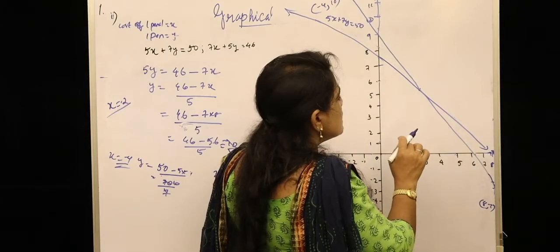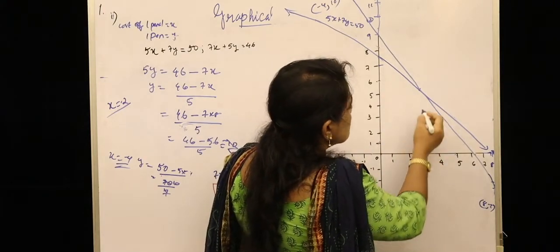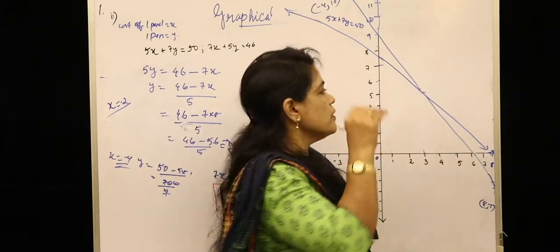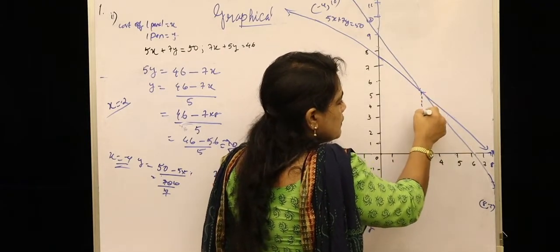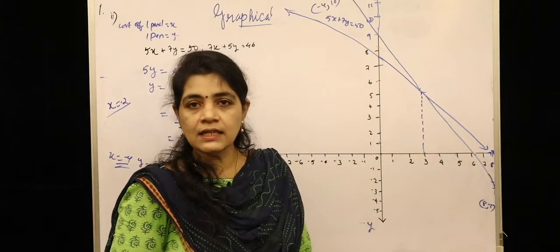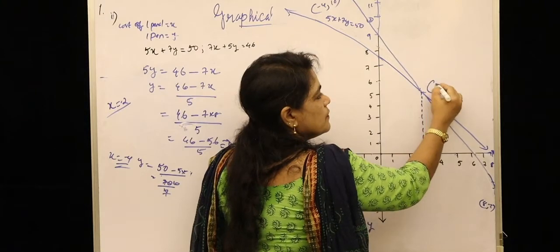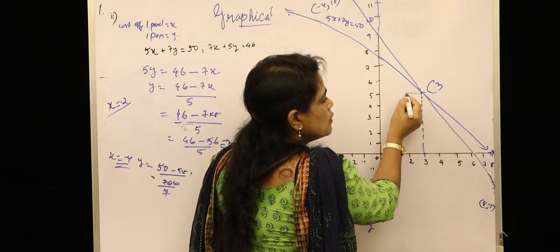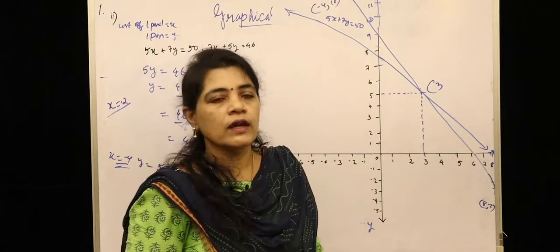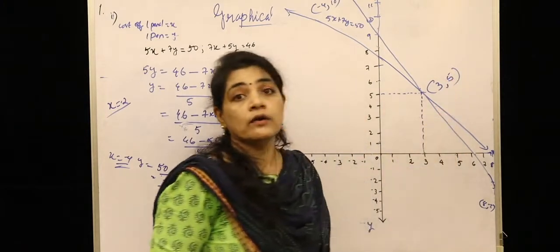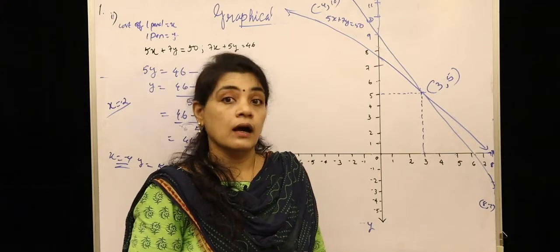Here it almost comes to the point of intersection. From that point you can draw the perpendicular towards the x-axis and see where it falls, and it meets at 3. From this point draw towards the y-axis, and you can see that the perpendicular meets at the point 5.